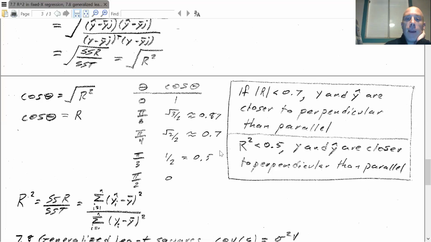If the correlation is less than 0.7, then the angle between the vectors is greater than 45 degrees. It's between 45 degrees and pi over 2. Well, pi over 2 is perpendicular, right? So if I see a correlation less than 0.7, then my observed values and my modeled values are closer to perpendicular than parallel.